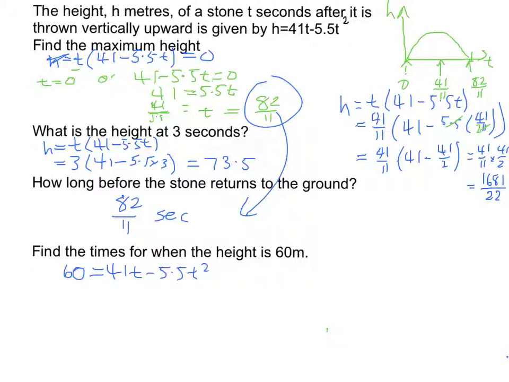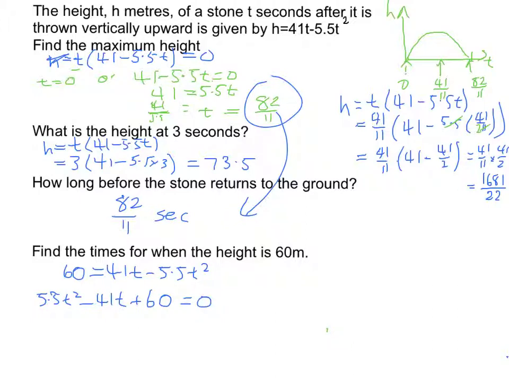We need to bring everything over to the left hand side to set it equal to 0, so I'll add 5.5t squared to both sides, take away 41t, plus the 60 is equal to 0.